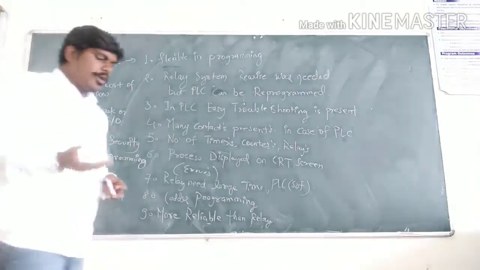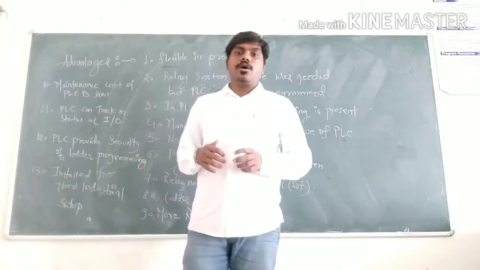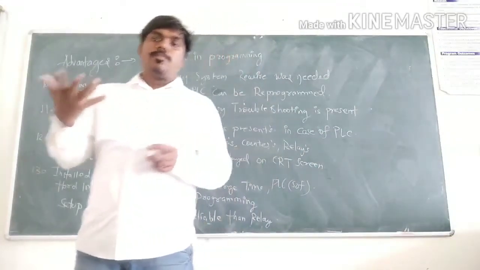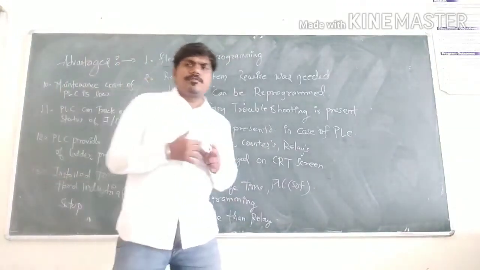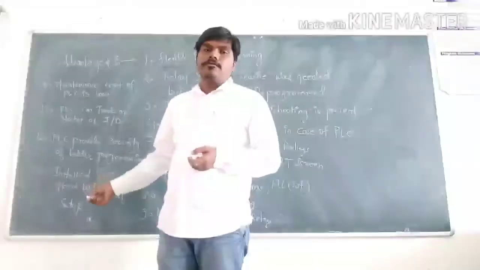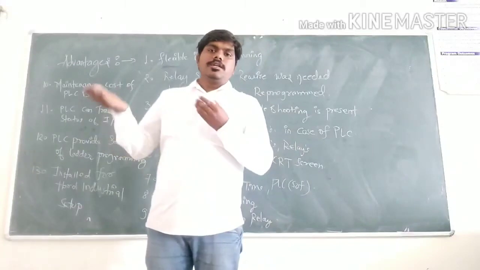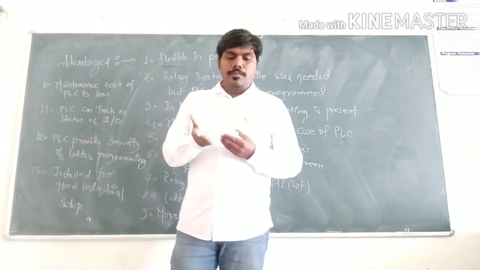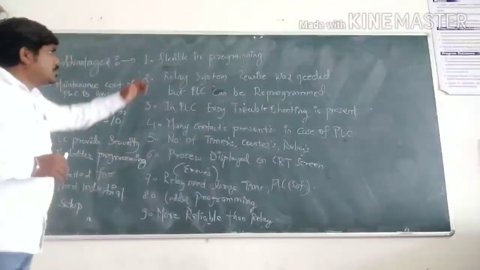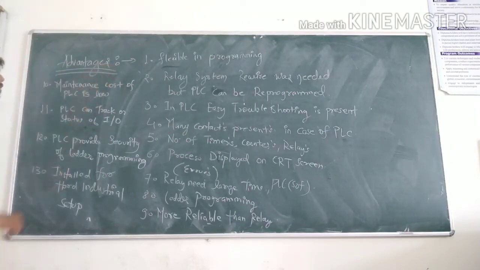The PLC is provided where there are very complex processes, with a large number of devices. In that case, we can implement our PLC there, because it can do a process very easily. That's why PLC is preferred. So these are the advantages of our PLC.